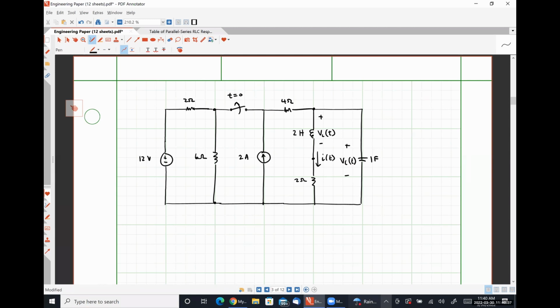Let's pick 2 of these 3 quantities. Which ones do we want to solve for? V_C of t and V_L of t. Okay, I'm going to veto V_L of t.